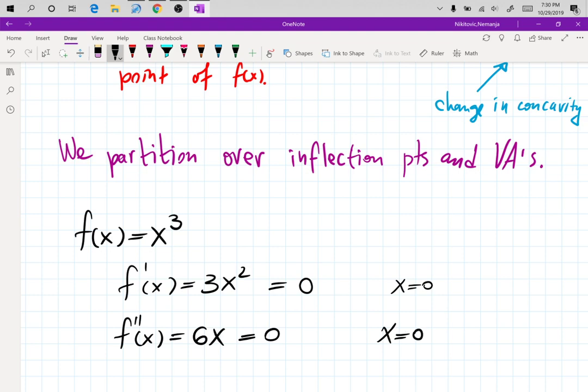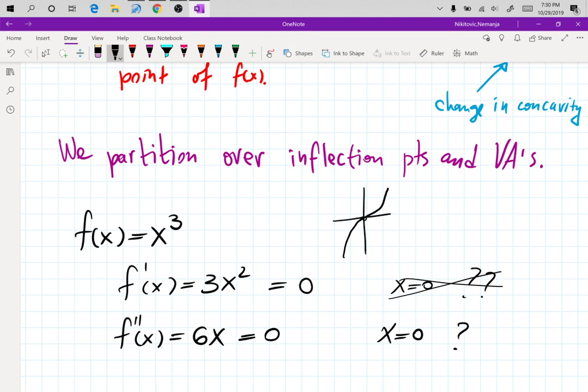So now the question is, which one is right? Do we have min and max, or do we have an inflection point? Well, if you know anything about the basic x cubed graph, do we have min and max? No, right?